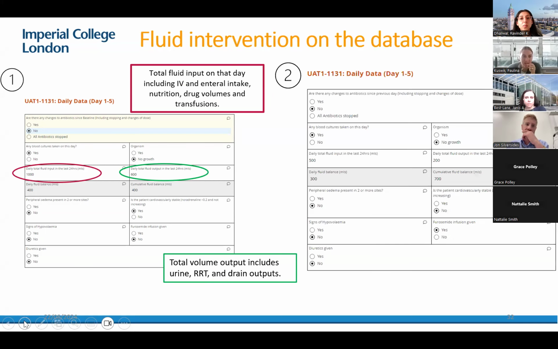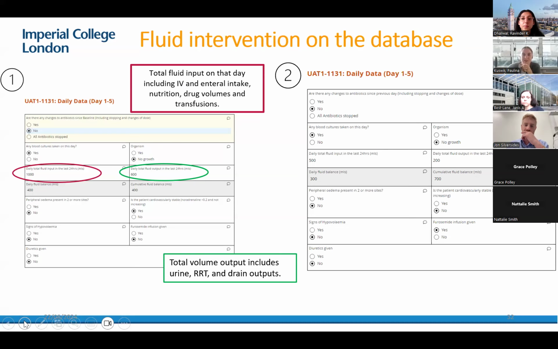As you can see here, the grey box is auto-calculated. So the daily fluid balance is auto-calculated for you, and the cumulative fluid balance is also auto-calculated. And that translates from day 1 to day 2, and then day 2 to day 3, and so on until day 5. So here is a day 2 screenshot.